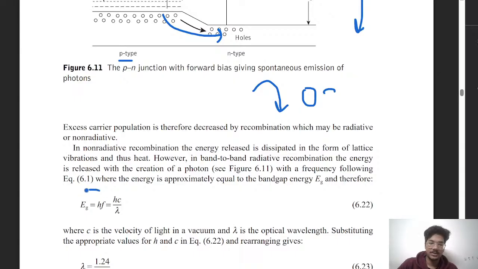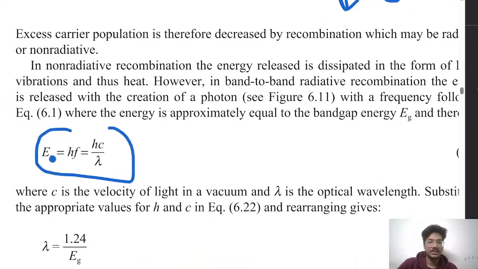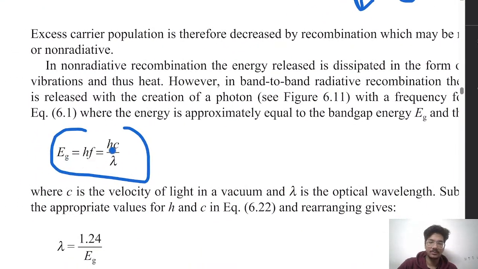Thus the photon energy is Eg = hν = hc/λ. Since E is equal to Eg, the wavelength becomes 1.24/Eg.